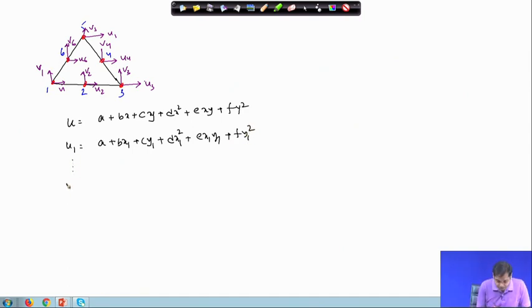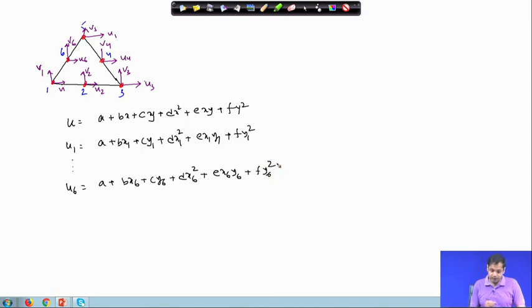Similarly, we have u6 is equal to A plus B x6 plus C y6 plus D x6 square plus E x6 y6 plus F y6 square, right. So, this gives you 6 equations, and then we have 6 unknowns.